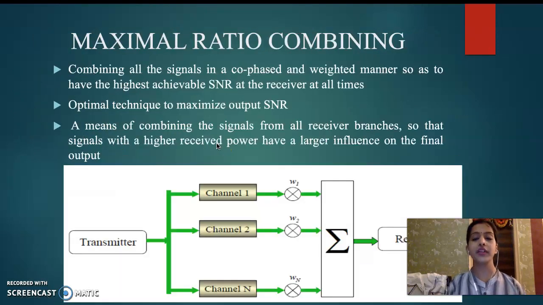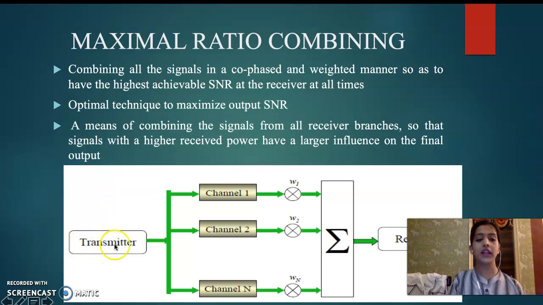Then maximal ratio combining technique. Combining all the signals in a co-phased and weighted manner so as to have the highest achievable SNR at the receiver at all times. Optimal technique to maximize output SNR, a means of combining the signals from all receiver branches so that signals with a higher received power have a larger influence on the final output.